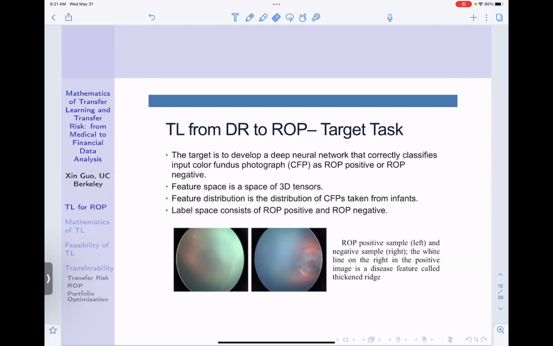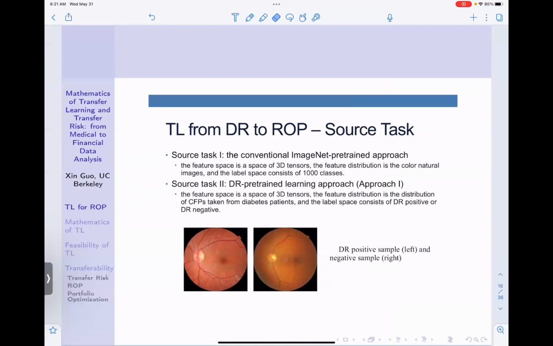Yeah, so this is the DR, and these are the DR images that you can see. Now, when we started having these ideas of doing transfer learning from DR diagnosis to ROP diagnosis, we looked around at the existing literature to see who has done what.